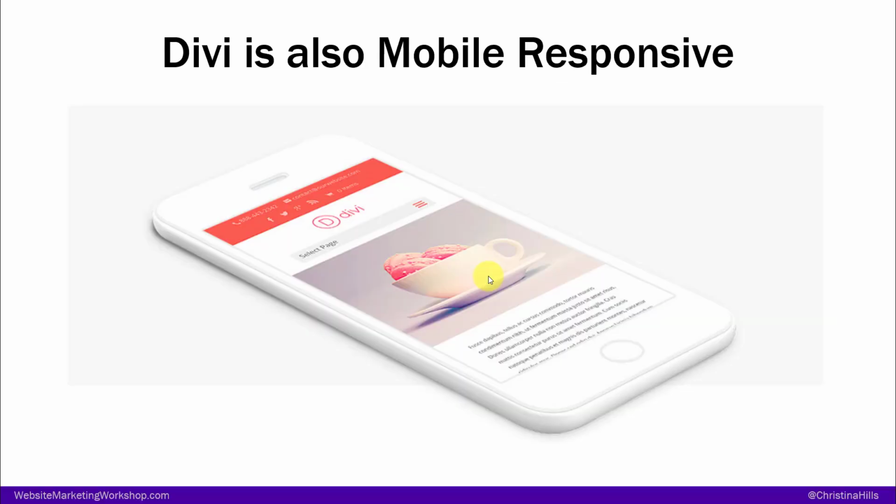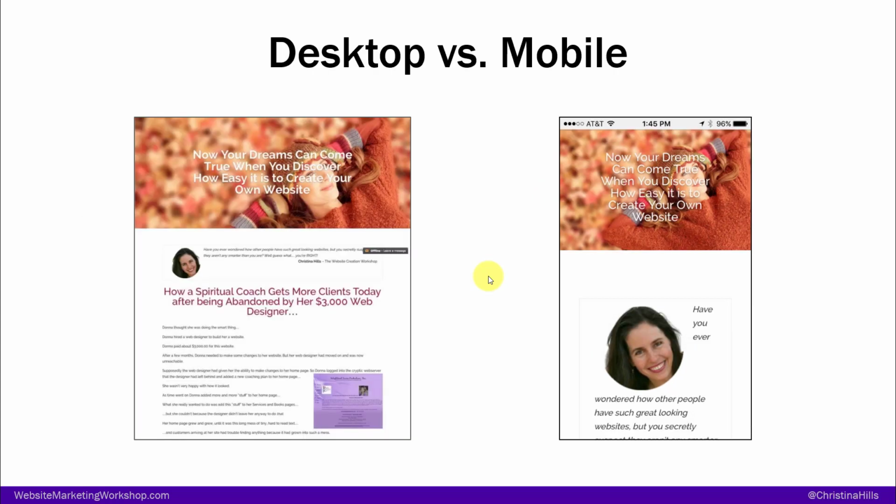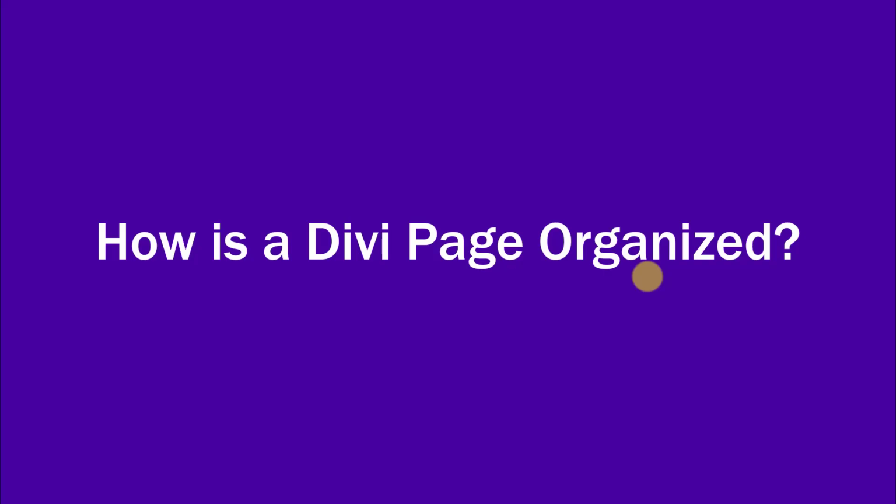Divi is also mobile responsive, so your site will adjust on mobile. So here's the desktop version of this page of mine, and here is a mobile version of this page of mine.